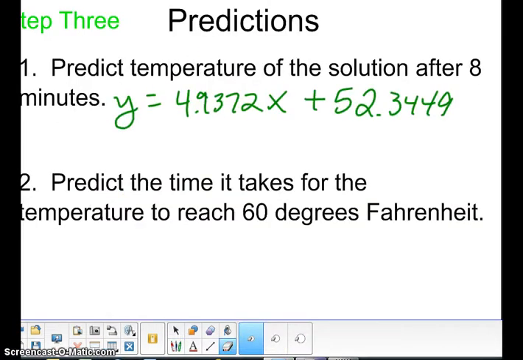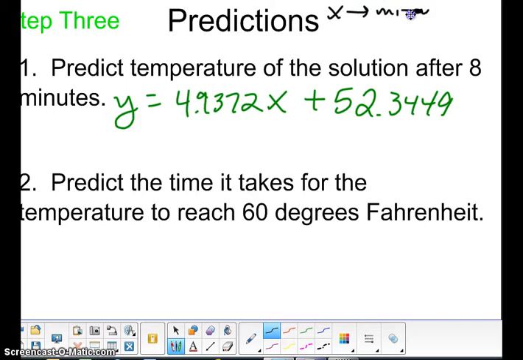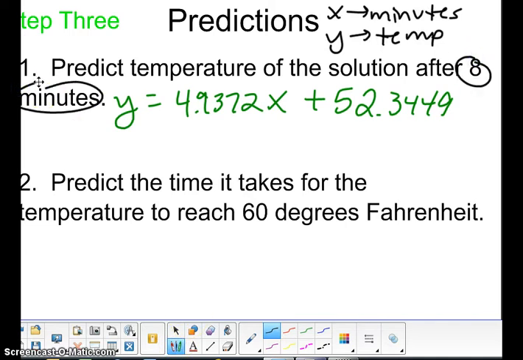Okay, so when we start our predictions, there are a few things we have to remember. One, that x is the minutes and y is the temperature. So if they're giving us 8 minutes for this one, we are going to plug it in for the x value.